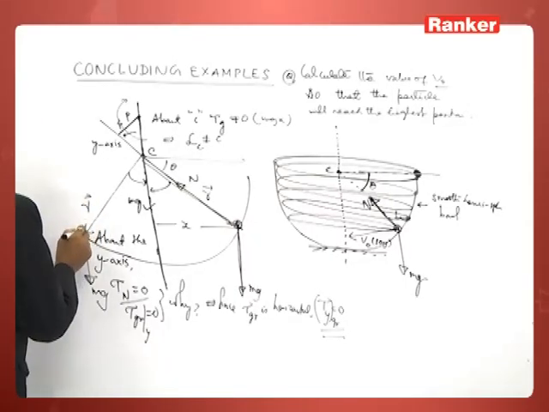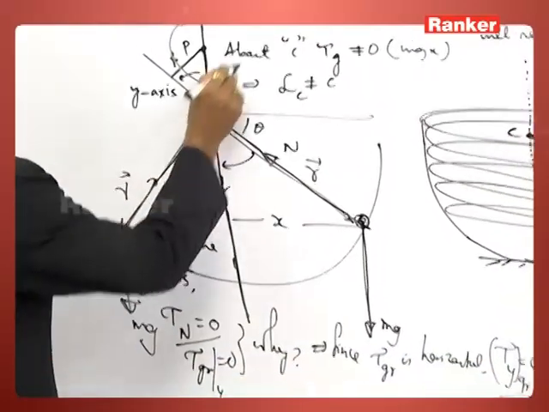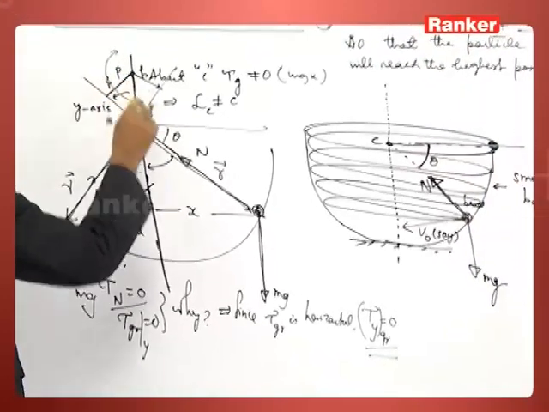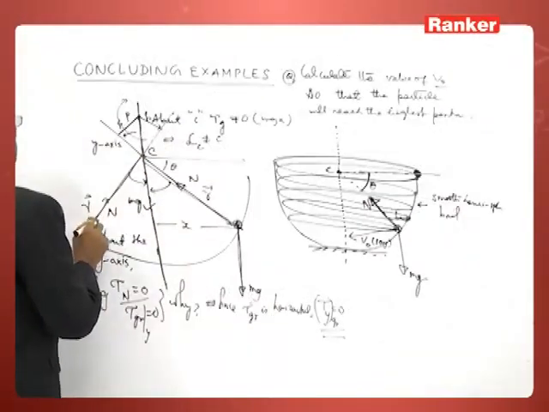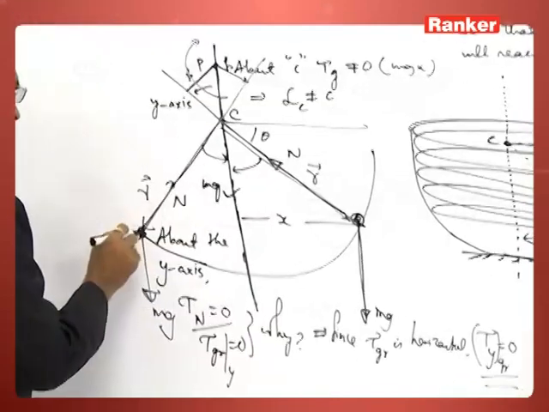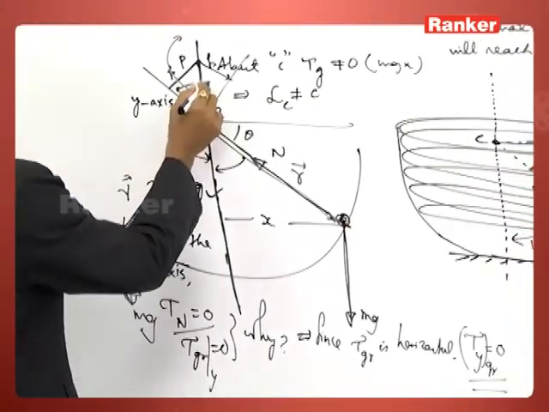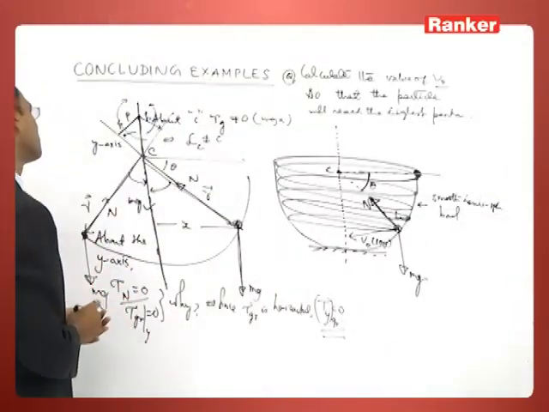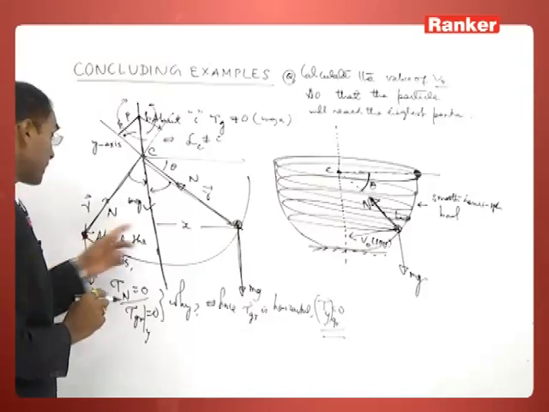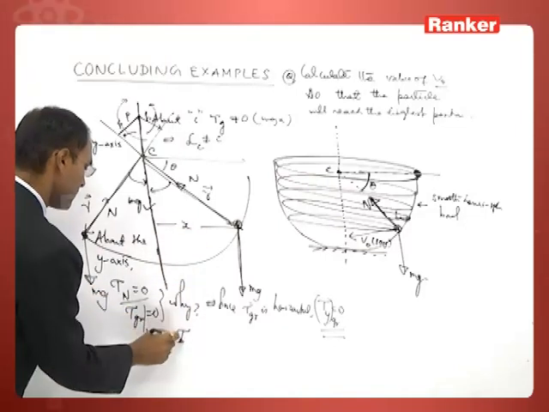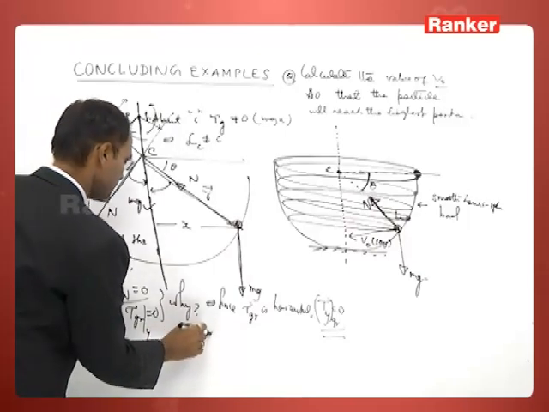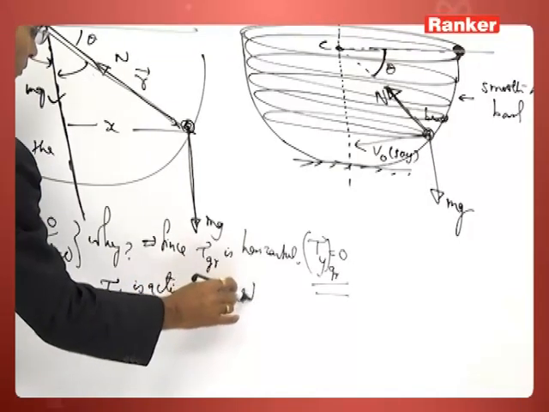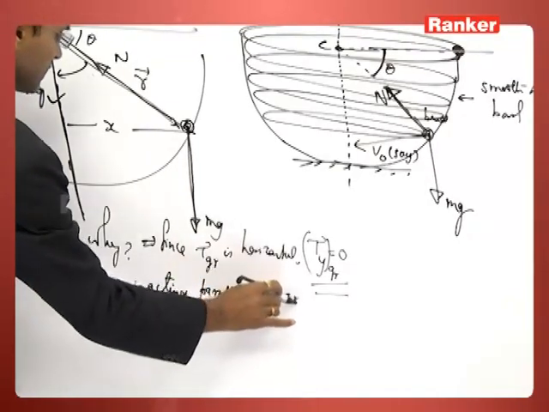At this point, the normal reaction is n, and the direction of the torque produced by the normal reaction when the particle is here, suppose, is out. This means that the torque produced by the normal reaction is acting parallel to the z axis.